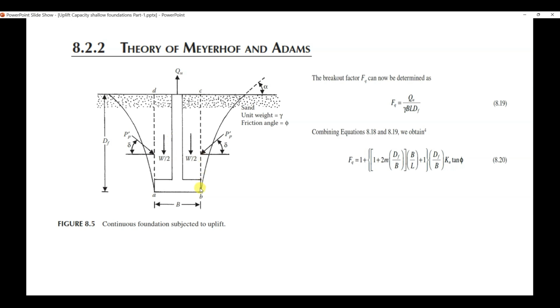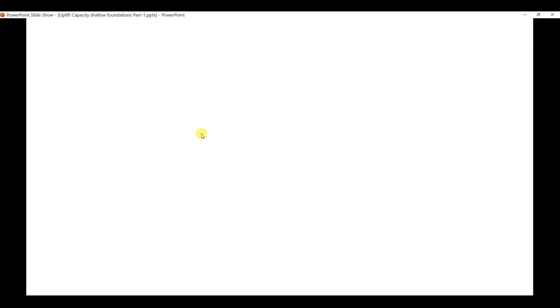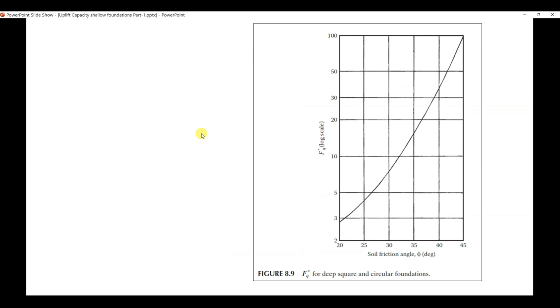Sometimes some engineers make an angle with this point, say for example, 30 degree with the vertical, and then they additionally consider the soil falling in the inclined line I'm proposing here, say for example at 30 degree. So this all soil is considered. However, they do not use any factor of safety.